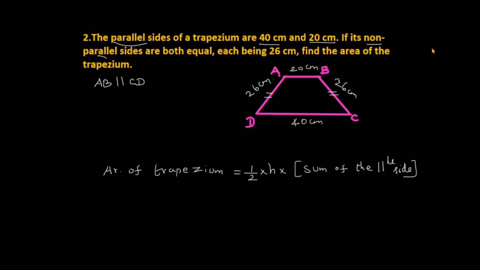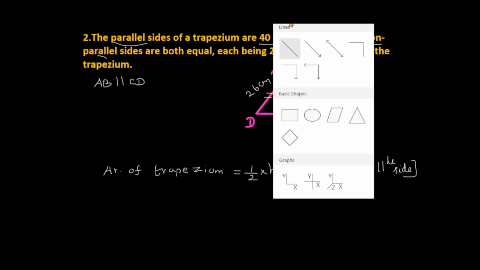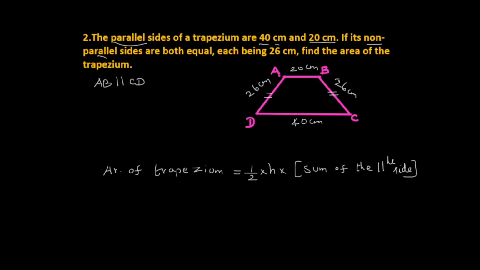So you know the parallel sides length. One parallel side is 20, another is 40, but you don't know what the height h is. So drop a perpendicular from any one vertex. We're going to drop a perpendicular from vertex A.